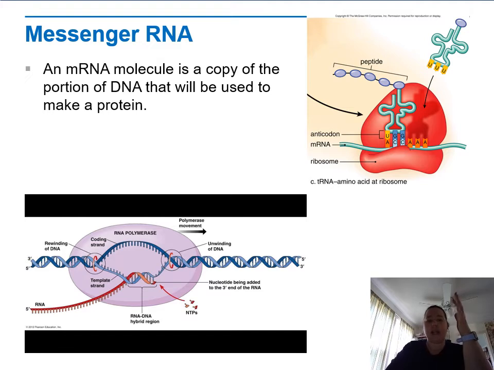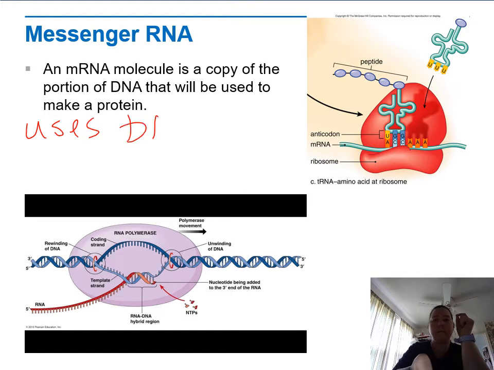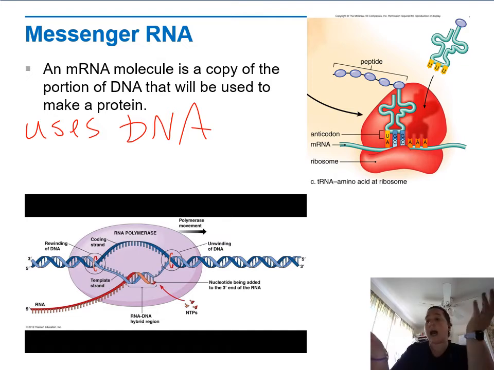So messenger RNA, mRNA, is what's actually used to make the protein. What happens with mRNA is it uses the DNA as a guide, as a template. Basically the same way that DNA goes through replication, DNA is used to make messenger RNA.